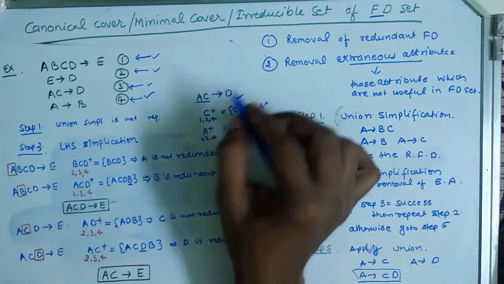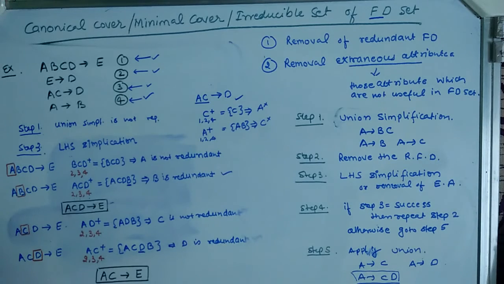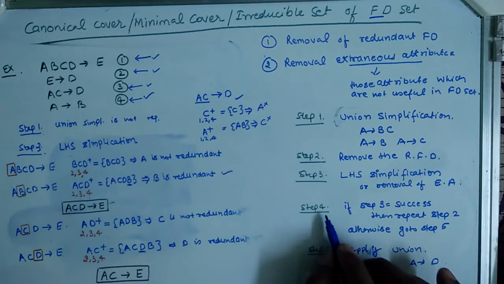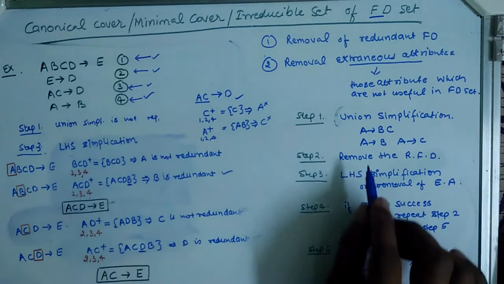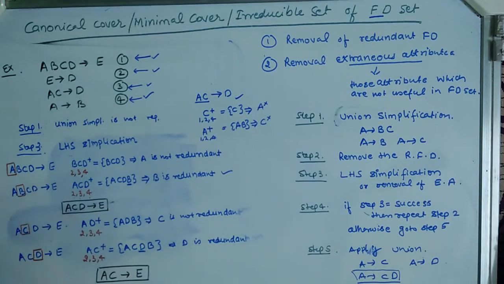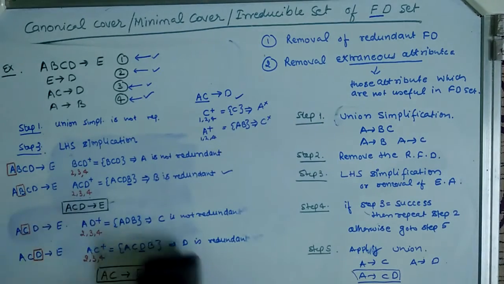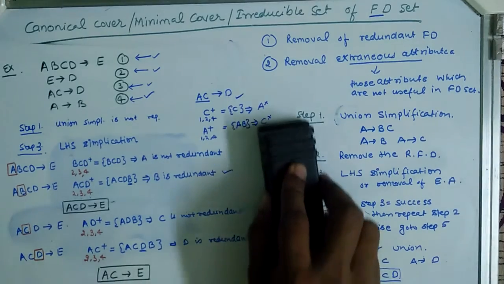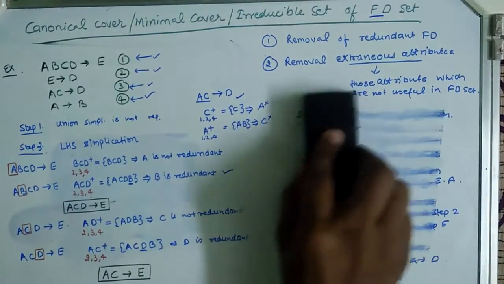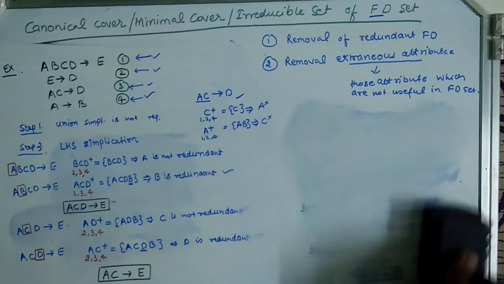So here step 3 will be completed, in which one functional dependency is modified, and if we got any success in step 3, then in step 4 we have to repeat step 2. Let's make it rough here, because you already know the steps.